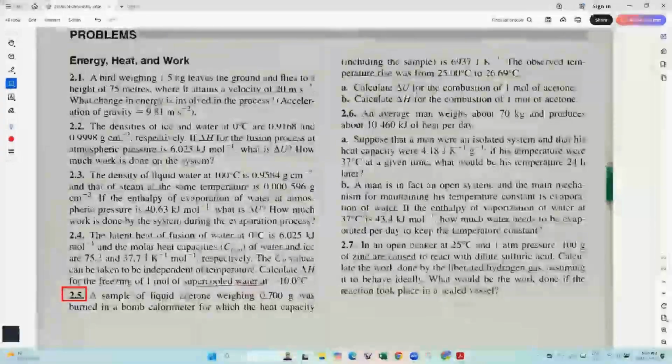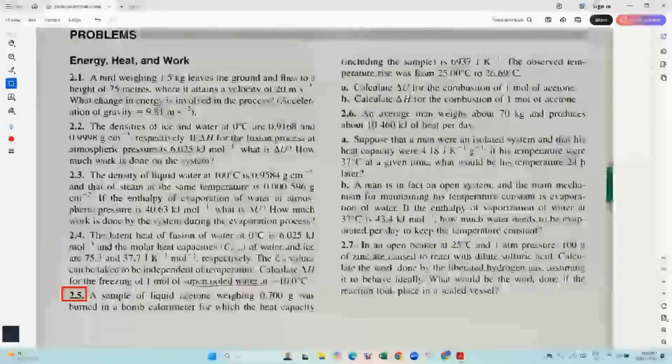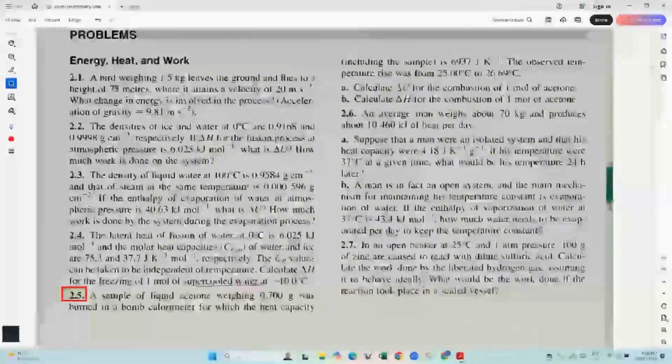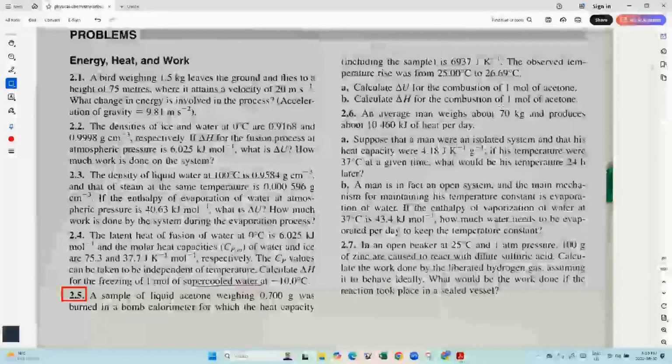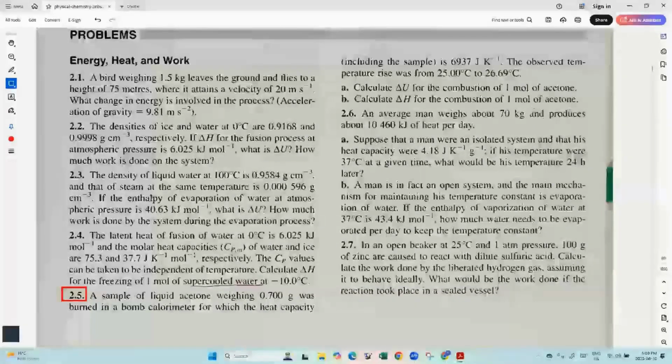Calculate the delta U for the combustion of 1 mole of acetone. Calculate the delta H for the combustion of 1 mole of acetone.